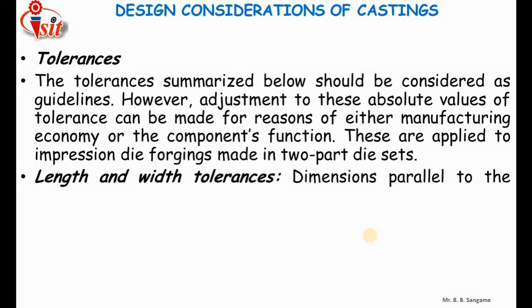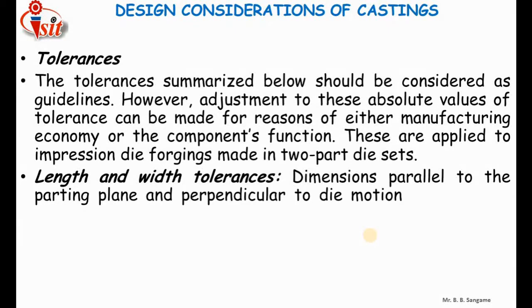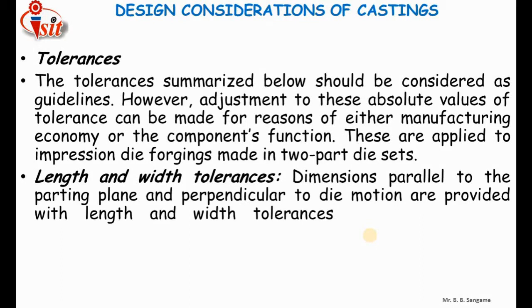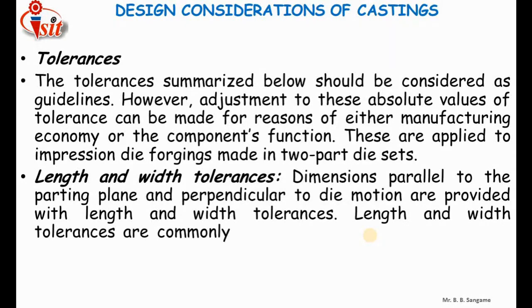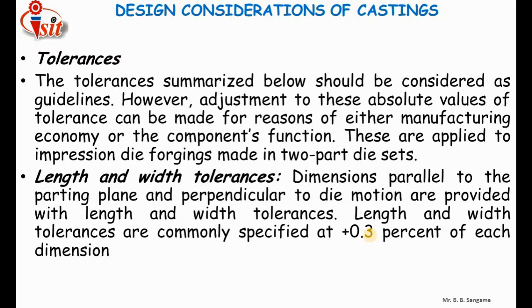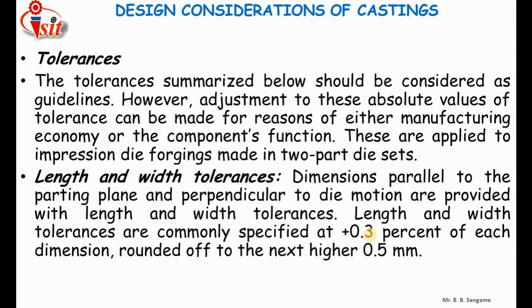Length and width tolerance: dimensions parallel to the parting plane and perpendicular to the die motion are provided with length and width tolerances. These are commonly specified at plus 0.3% of each dimension, rounded off to the next higher 0.5 mm.